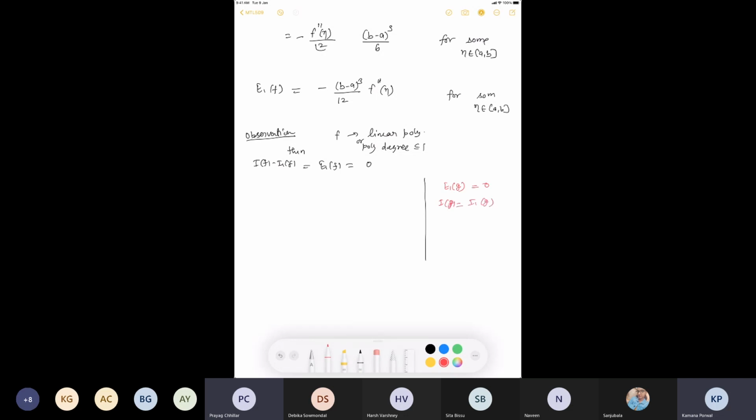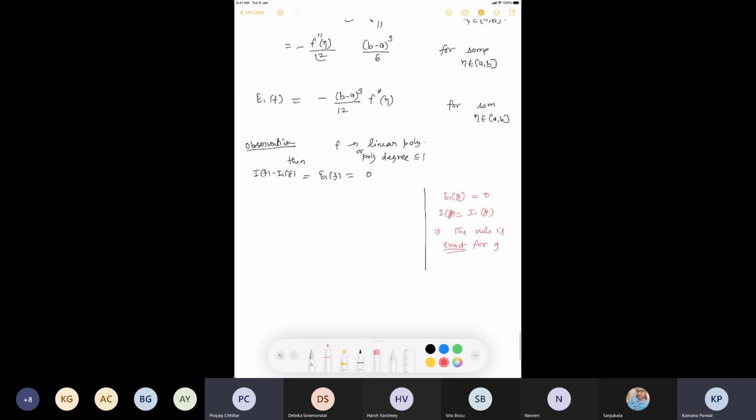This means that the rule is exact for g. Exact meaning there's no error.